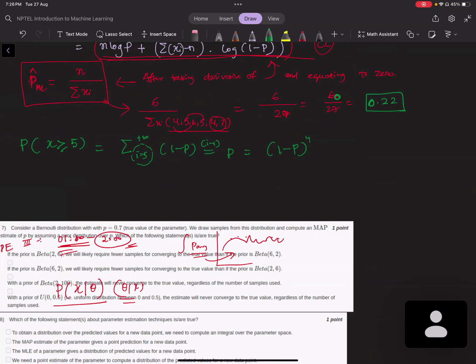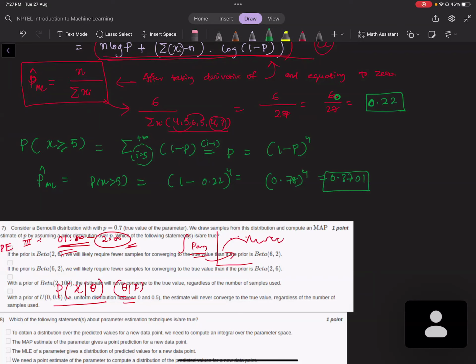And if we substitute the value of p ml here, P x greater than or equal to 5 equals 1 minus 0.22, which is 0.78 to the power 4, which is 0.3701.